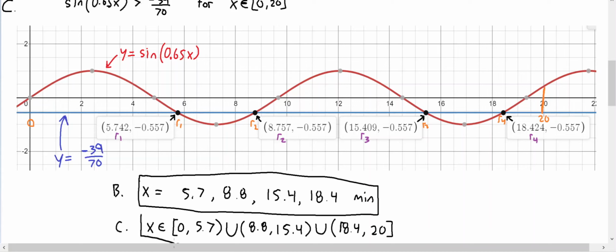So altogether, there are three different intervals for which the plane is greater than 121 miles from the airport.